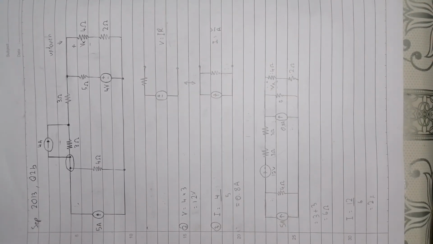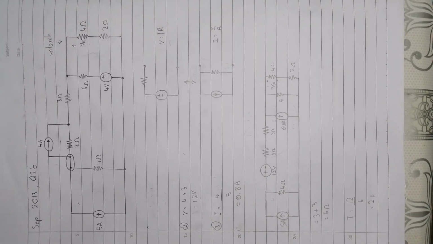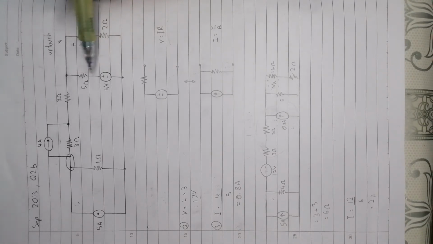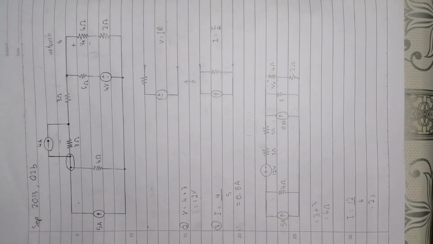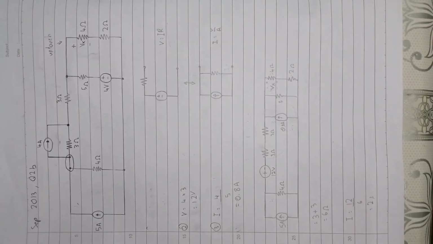And then we will change the source over here, that is from voltage source to current source, so we use I equals V over R, so we got 0.8 ampere.